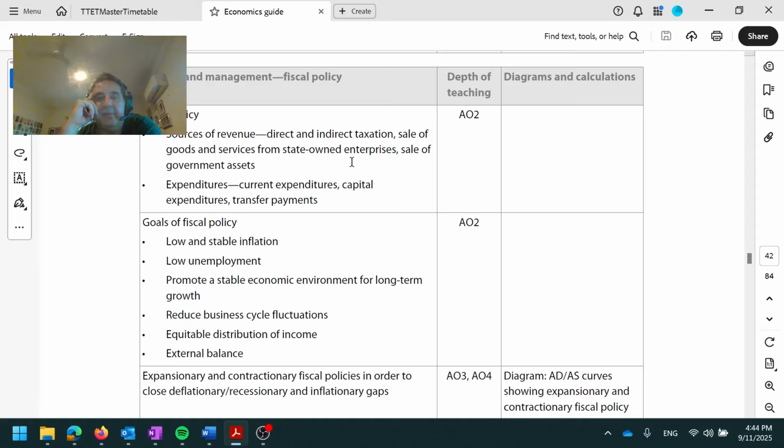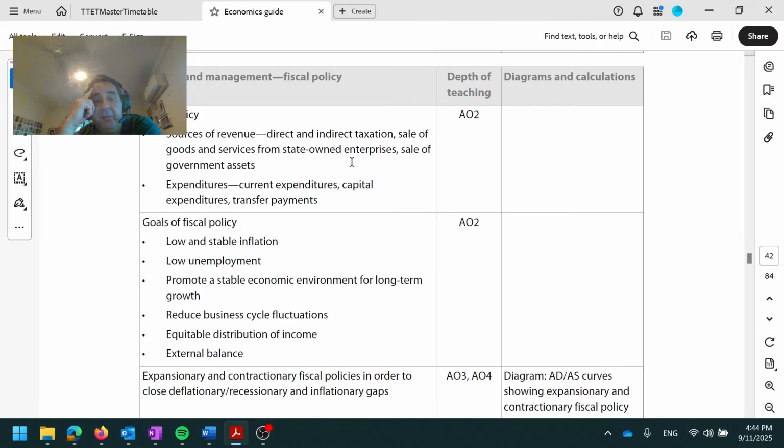And then you can see the expenditures, current expenditures and capital expenditures, and then transfer payments, which are usually the biggest expense of governments. In Australia's case, it is, and we also have a growing issue with the NDIS, which is costing us a hell of a lot of money because it's been growing rapidly. The current government has brought it down a little bit, but there's been a drama there, and of course there's been rorting. So, they're little real world examples you can bring in.